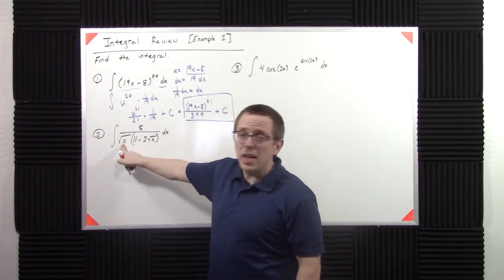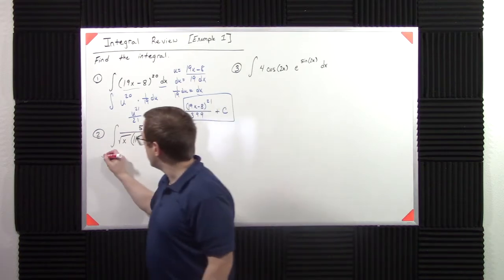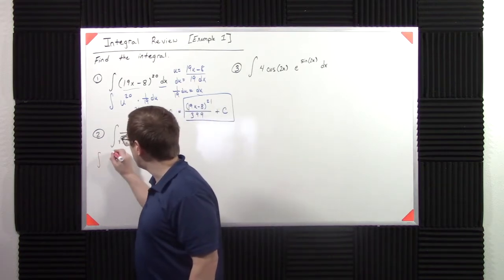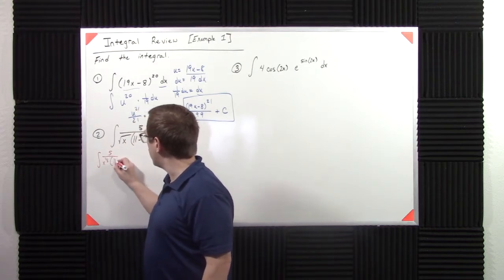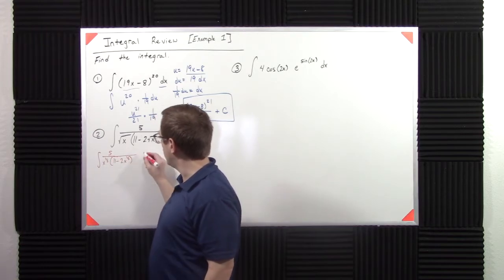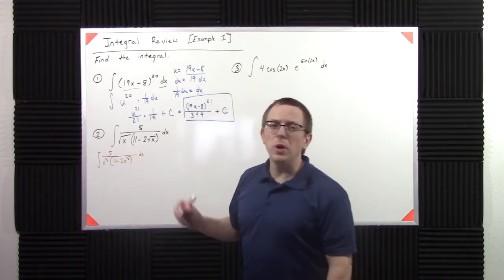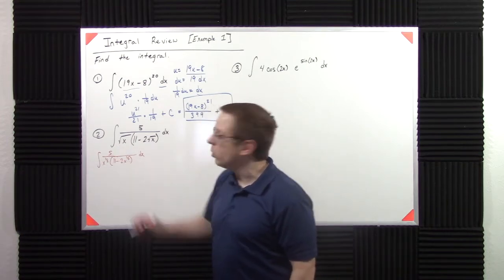What I know is that the square root of x is actually x to the 1/2 power. So I'm going to write that as 5 over x to the 1/2 times (11 minus 2x to the 1/2) dx. But I actually don't even want to do that. What I want to do is take this and pull that into the numerator.